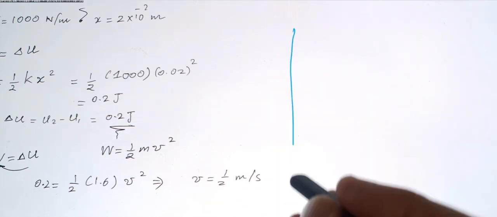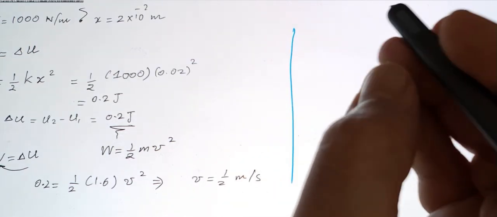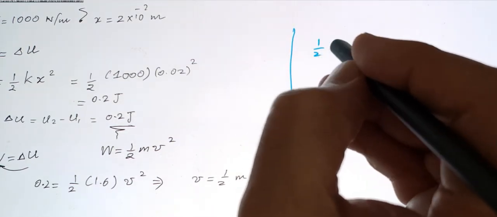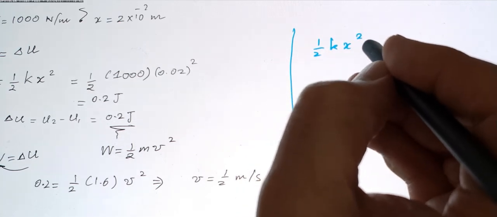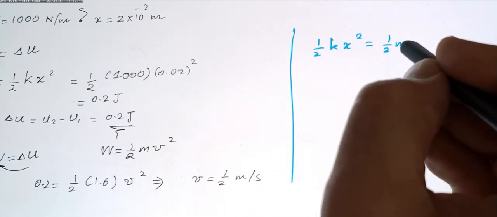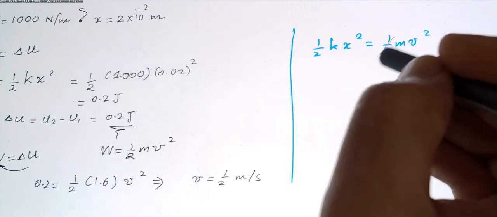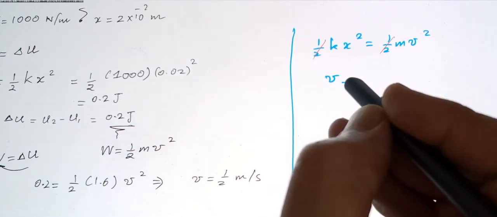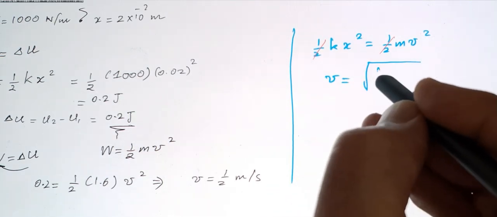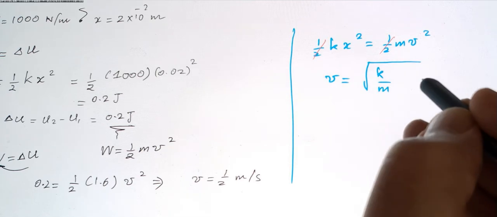Or we can just write it as an equation without numbers. So half kx squared is equal to half mv squared. Half will disappear. So we end up with V equal to the square root of k over m times x squared.